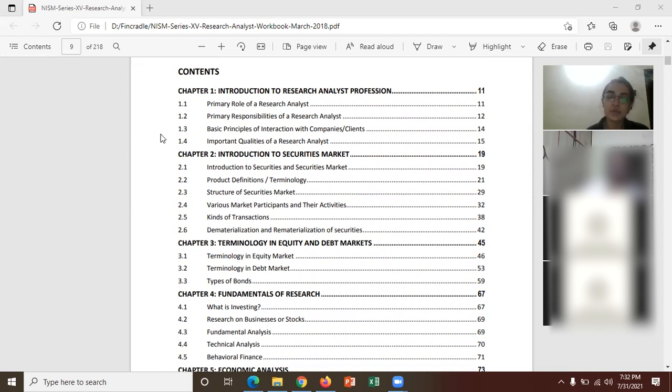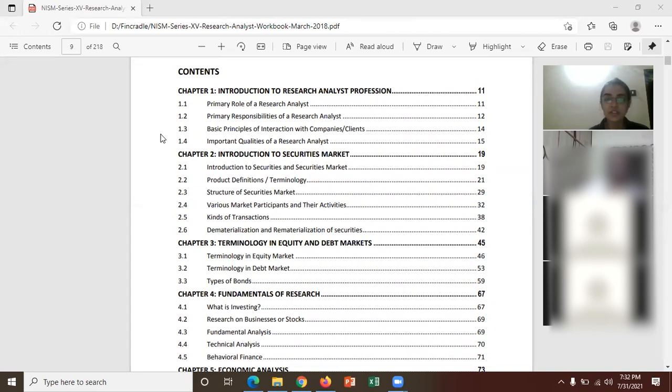After completion of this module, you need to book your slot, because online slots are also available because of COVID, and you need to appear for the 2 hours of exam, and post that you will get the certificate.